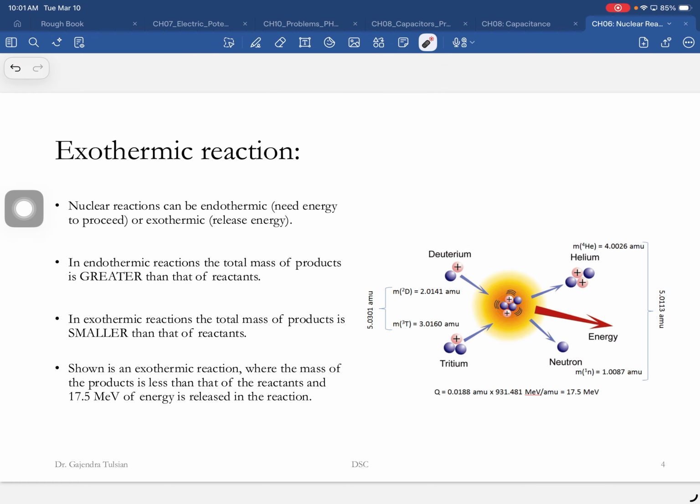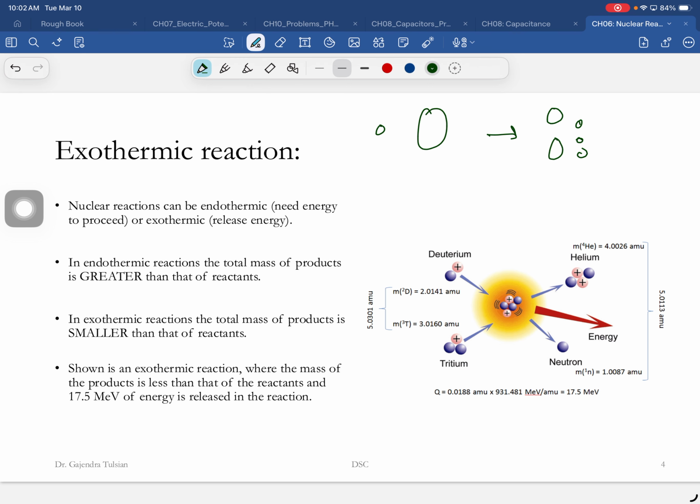In a fusion reaction, you're taking light nuclei and combining them into a heavier nucleus. In a fission reaction, you're taking a heavy nucleus and splitting it.